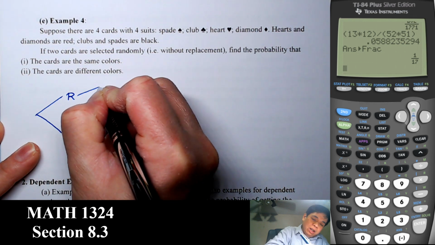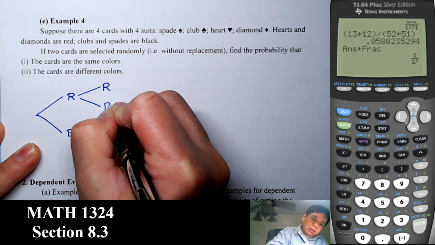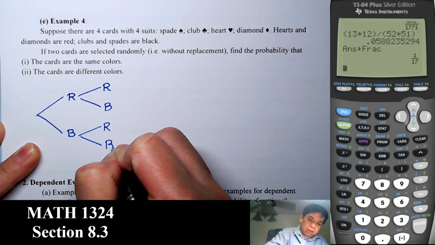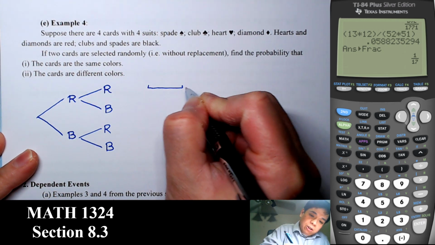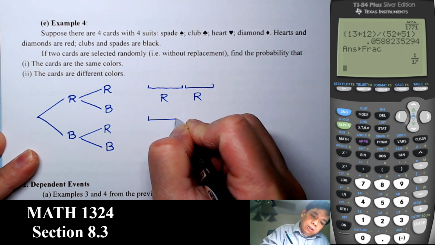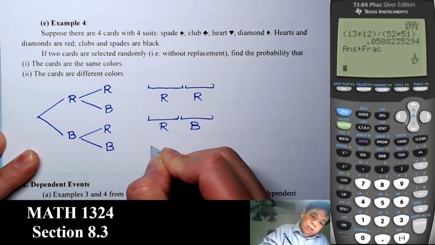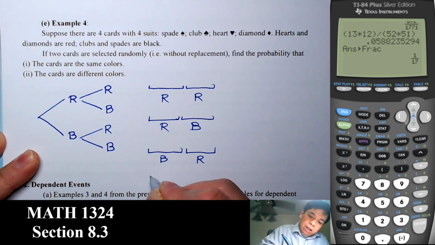And after that you can have a red card or a black card. Red or black. So in that case we have different scenarios. We have red, red, red and black, black and red, and black and black.